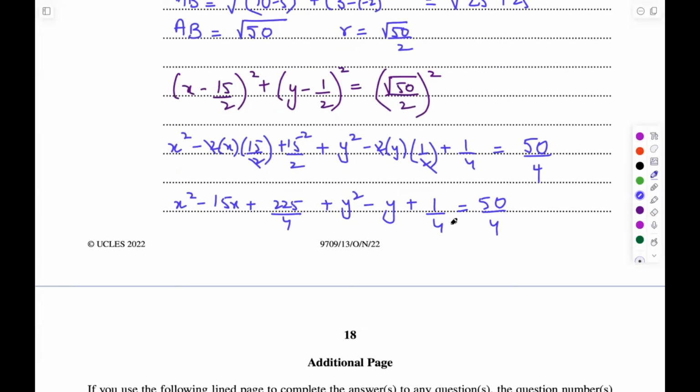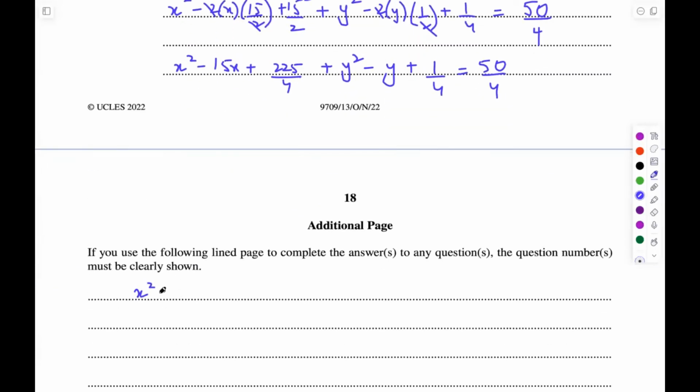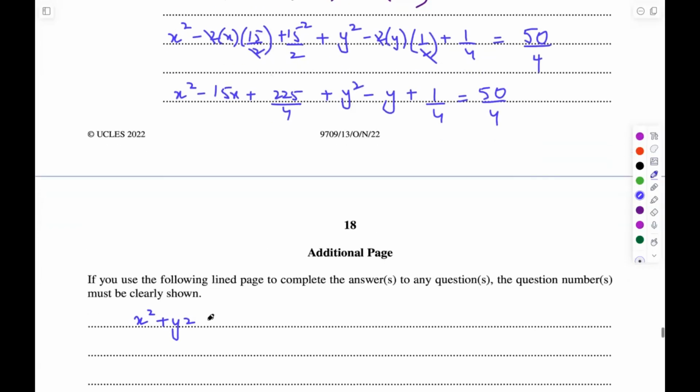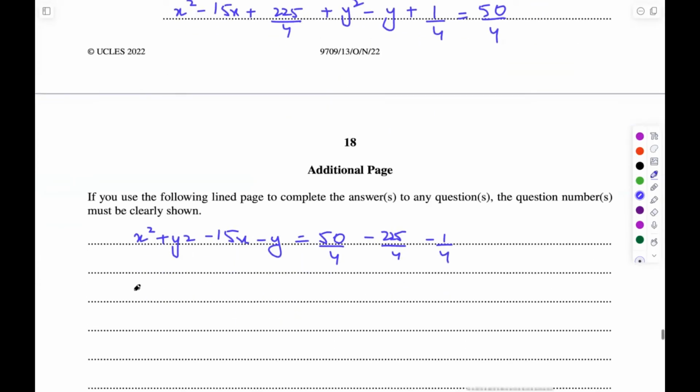Taking 225 upon 4 and 1 upon 4 on the right hand side, we'll get x squared plus y squared minus 15x minus y is equal to 50 upon 4 minus 225 upon 4 minus 1 upon 4.